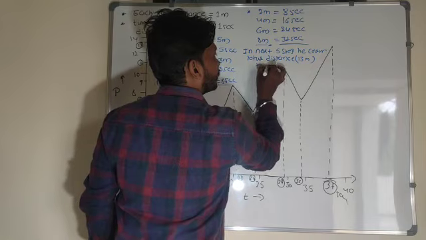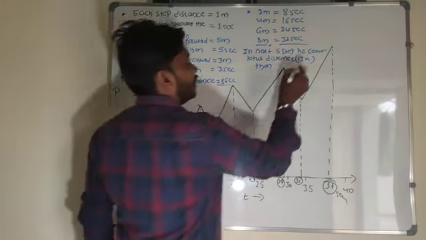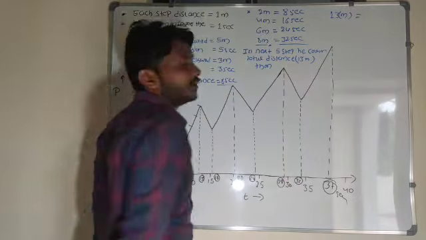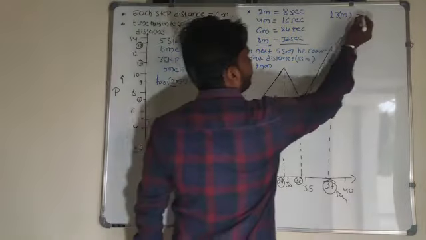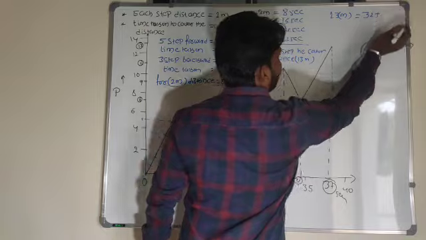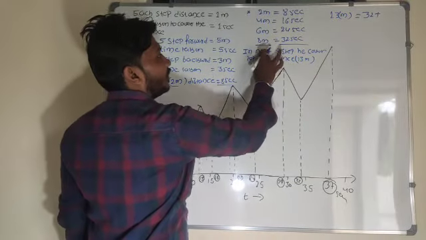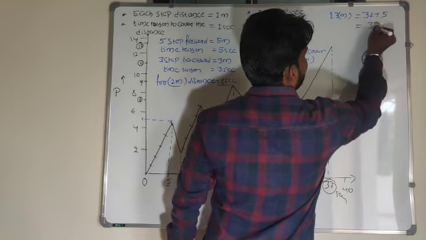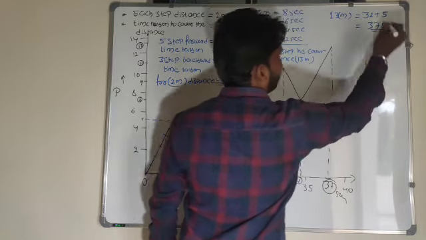In order to travel that 13 meter distance, already 32 seconds of time he has taken, and for 5 more steps, that is 5 seconds he has taken. So that is 37 seconds of time.